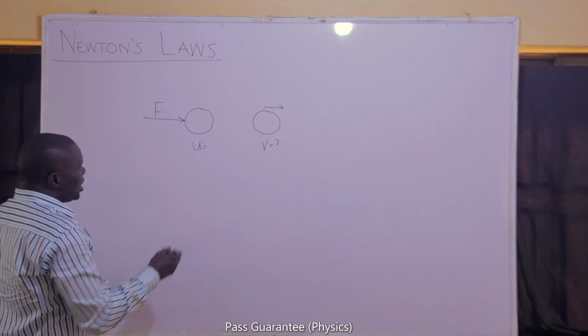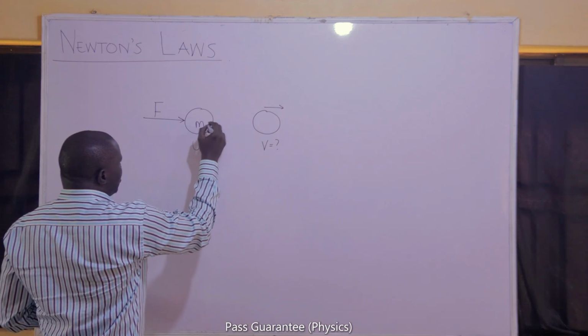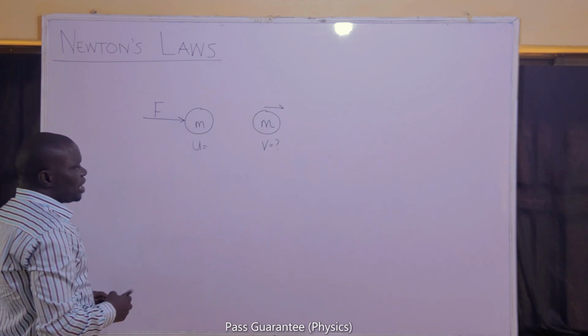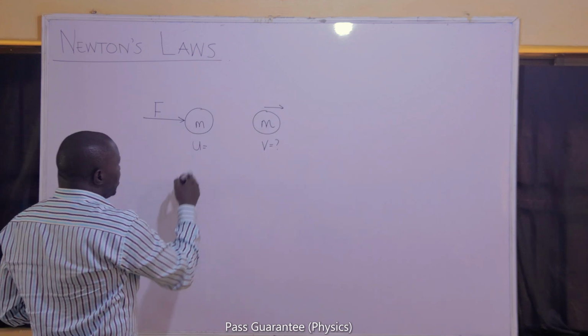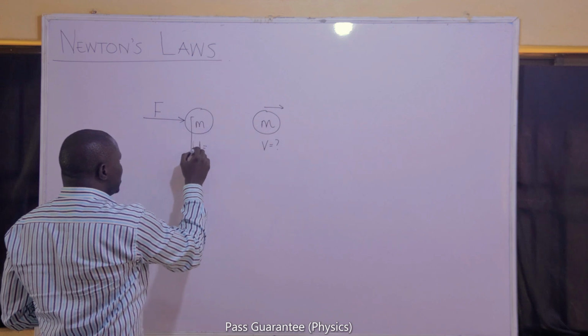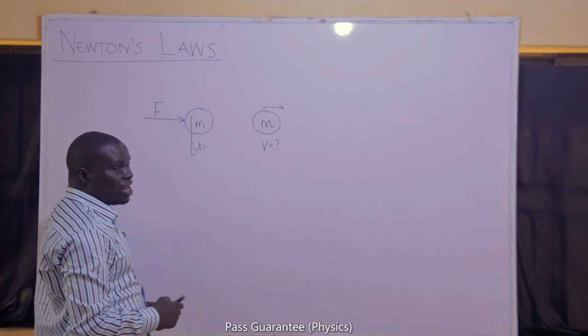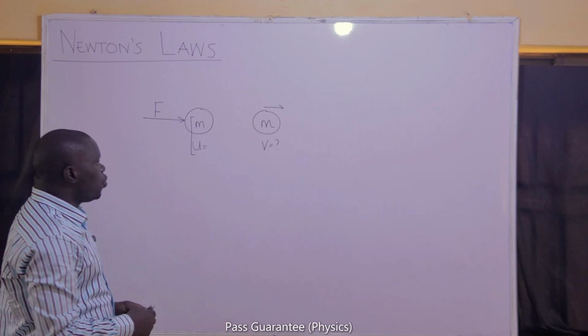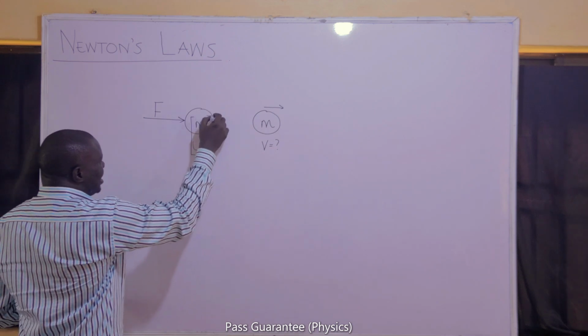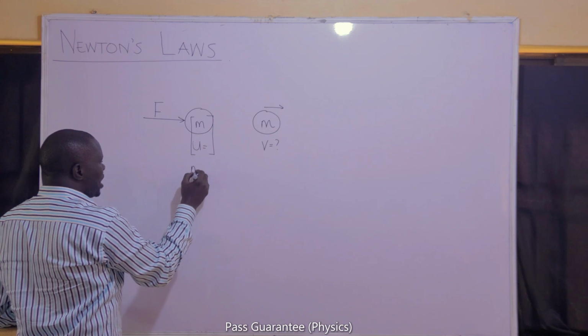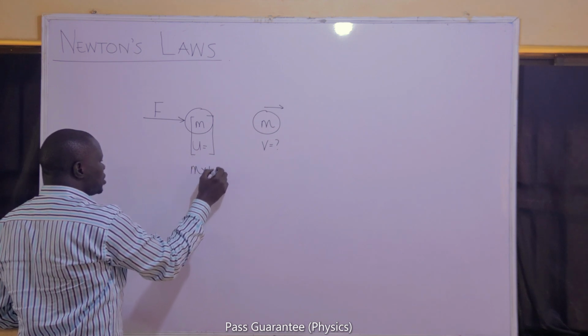We assume that the mass of that object is m. The mass remains m even after the impact of that force. We expect, therefore, that if it has a mass of m and it was moving with an initial velocity of u, its initial momentum will be mass times initial velocity, mu.